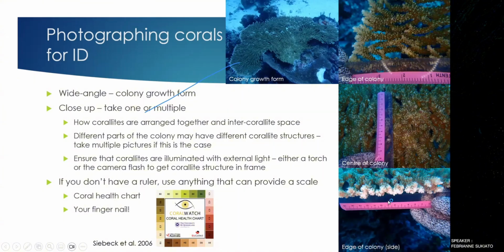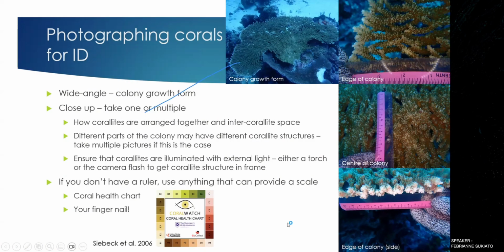These are all distinct parts of the colony, and each one can give very important clues as to what maybe even the species is. Obviously, for me, this is an acropora, but not so obviously what is the species. So if you take good pictures, you can keep it as reference, and you can show it to somebody who may or may not know what it is. You post it online on iNaturalist, and they can have a real actual discussion as to what the species is.